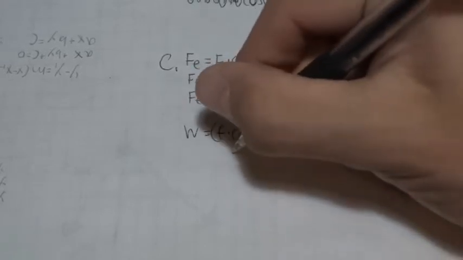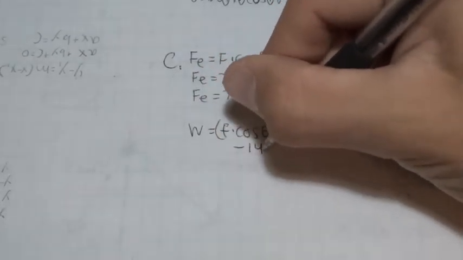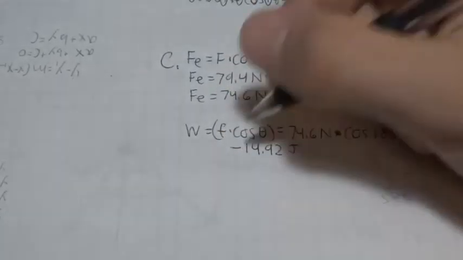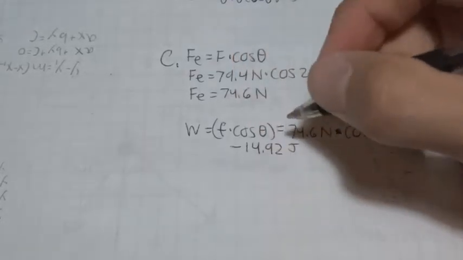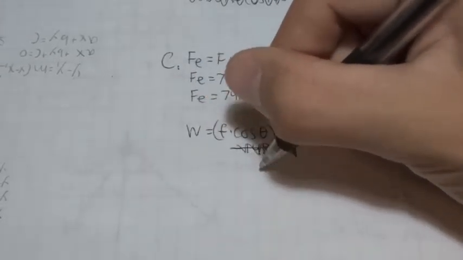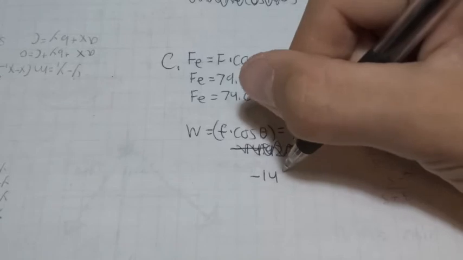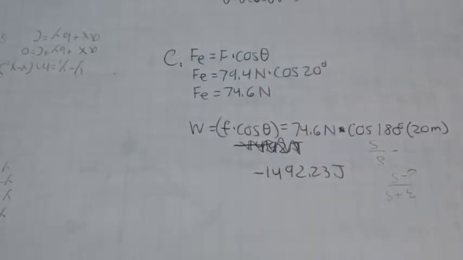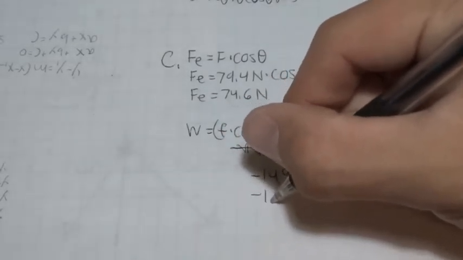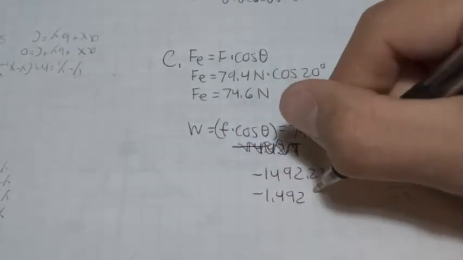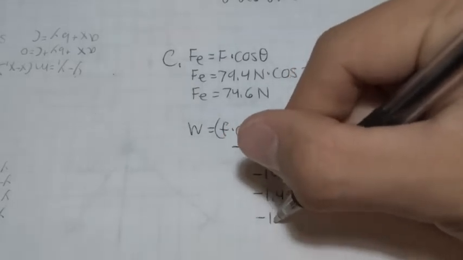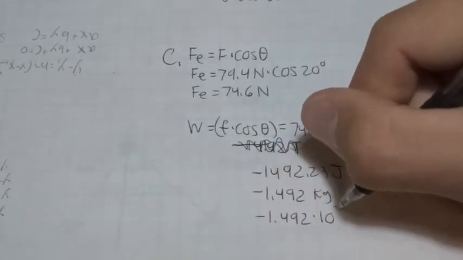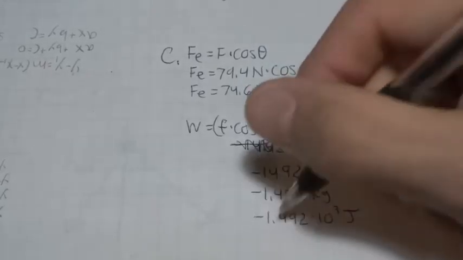In the end of this, you should get negative 1492.23 joules. That can be rewritten as negative 1.492 kilojoules, or negative 1.492 times 10 to the third joules.